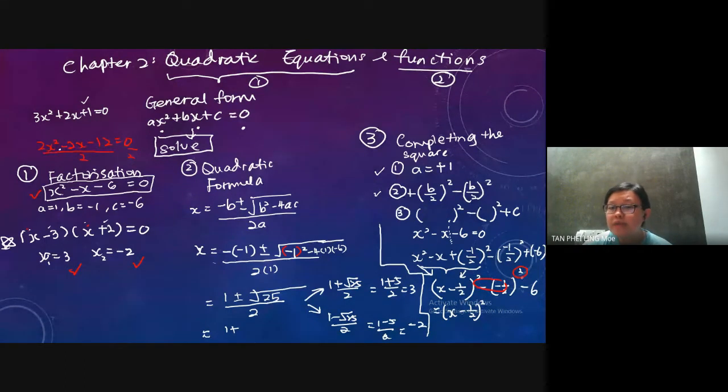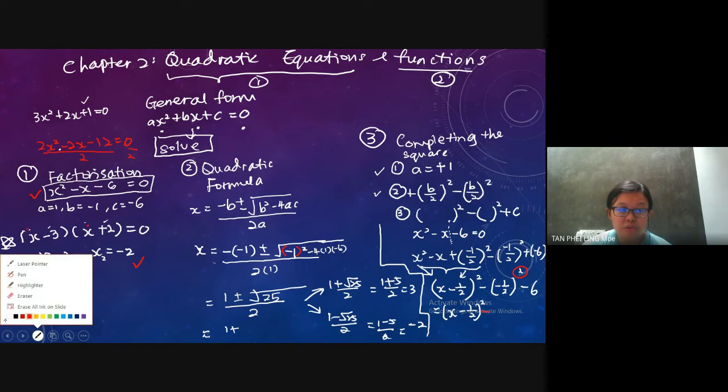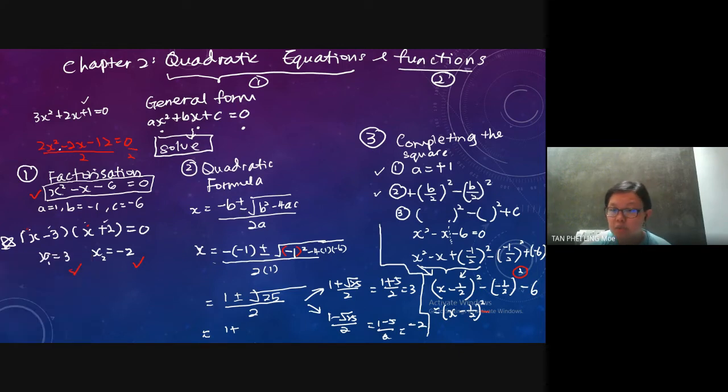So we always have to do the square first. Then only we can expand the bracket. Do you see that? Many of you will tend to mistake that minus minus. Don't do that, because the whole thing will become wrong. So write back the minus here, and then just continue expanding the square first.